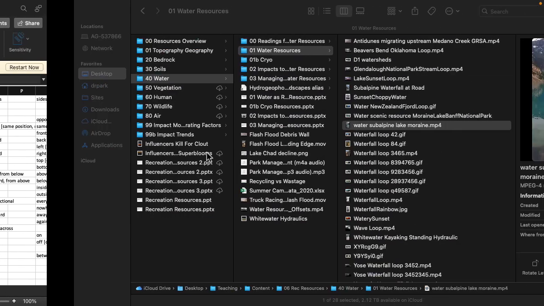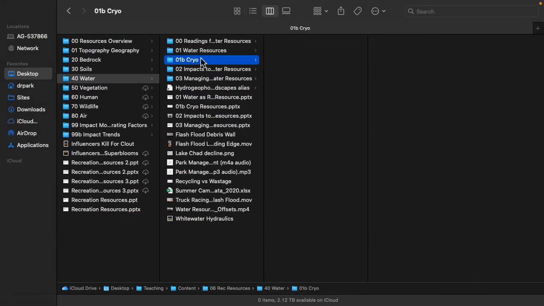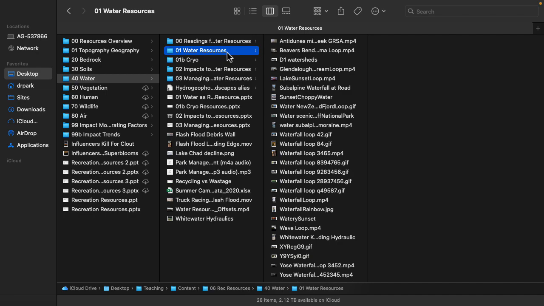So when we look at the cryofraction, this is going to be glaciers, ice fields, crevasse fields, icebergs for very northern parks like Gates of the Arctic, around Kodiak Island, stuff like that. We want to treat ice fields and alpine zones, so everything where it's white at the top of the mountain, that's all cryo.